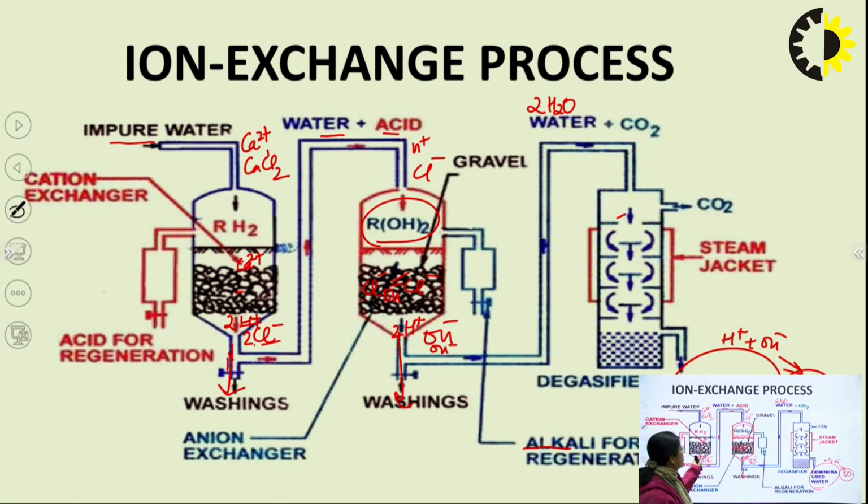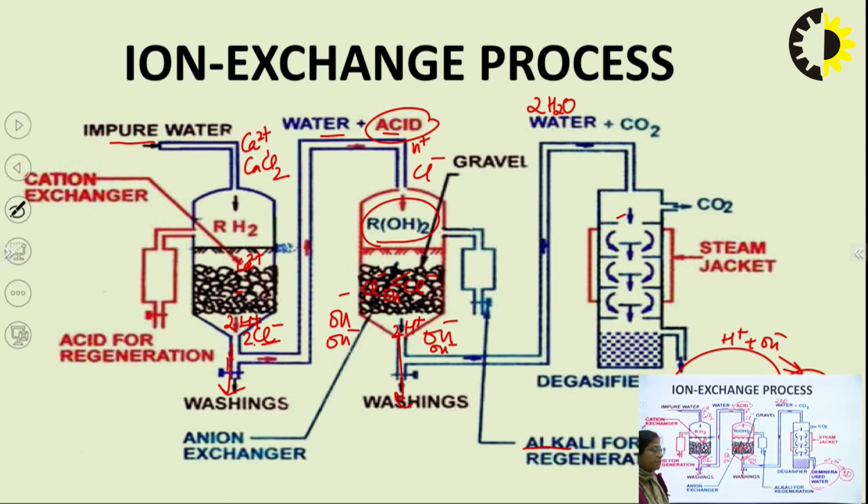Now we always run the process in this manner: first through the cation exchanger and then through the anion exchanger. We never reverse the process, that we do not pass the water first through the anion exchanger and then through the cation exchanger. Why? Because you can see here that dilute acid is being formed. But if we pass the water first through the anion exchanger, it is going to contain an excess amount of hydroxide ions.